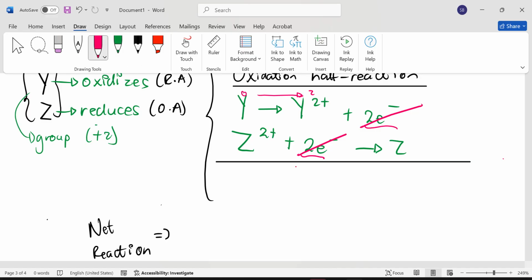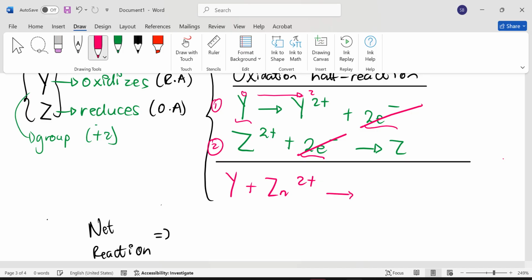Now, if I write down my net reaction, everything that's a reactant will be added to everything that's a reactant, and everything that's a product is added to everything that's a product. That is, if I have my Y here as my reactant, I write it down. So I have equation 1 and equation 2. In equation 1, Y is my reactant. In equation 2, Zn2+ is my reactant.